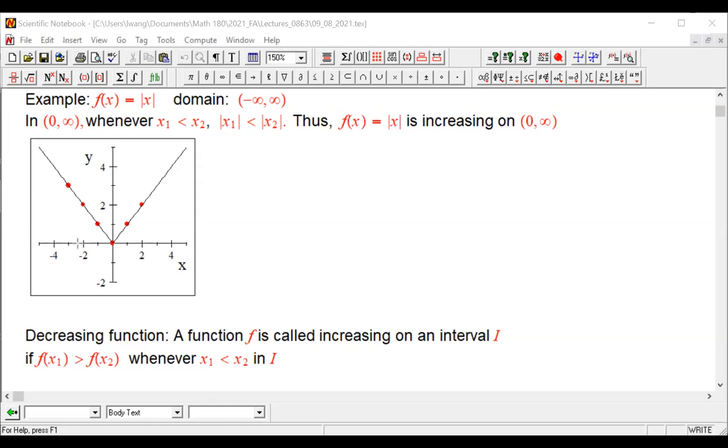But in this particular case, for example, this is going to be my x1, and my x2.